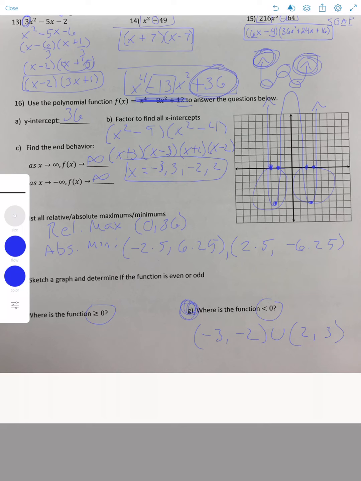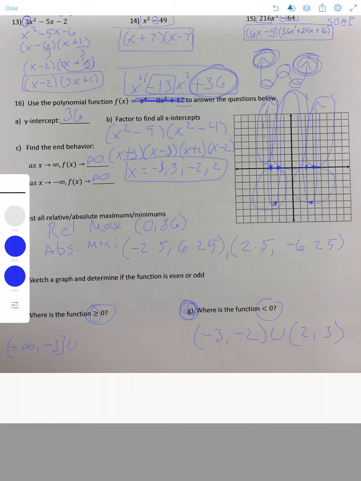Now, unfortunately, above the graph, we actually have 3 pieces. I have one piece right here, this big chunk right here, and this one piece here that goes on forever, right? The arrows represent infinity. So we're going to have 3 sections. We're going to have from negative infinity all the way down to negative 3. Because it can equal 0, we're going to put negative 3 with a bracket.